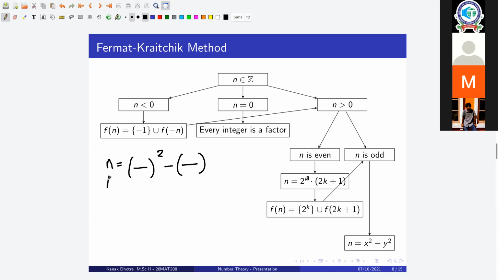One thing to note is that n will be odd here. So Mahima has to tell. Mahima proved it. Mahima, are you there? (n plus 1) by 2 whole square minus (n minus 1) by 2 whole square.